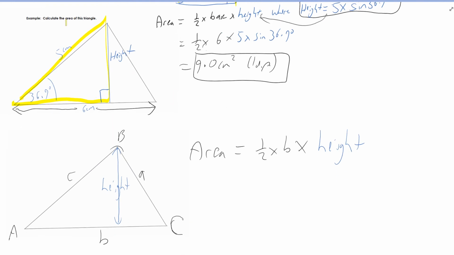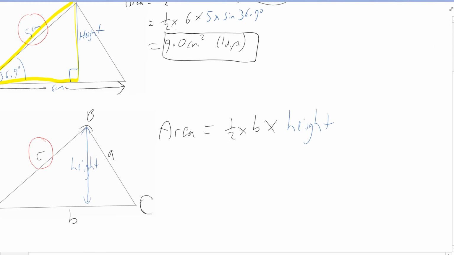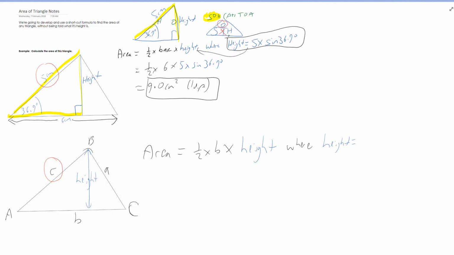Well, the 5 is the side labelled C. So I'm going to go height equals, instead of 5, it's C, and instead of the angle 36.9, we're just calling that A. That's this angle here. So C times sine of A. So height equals C times the sine of angle A.